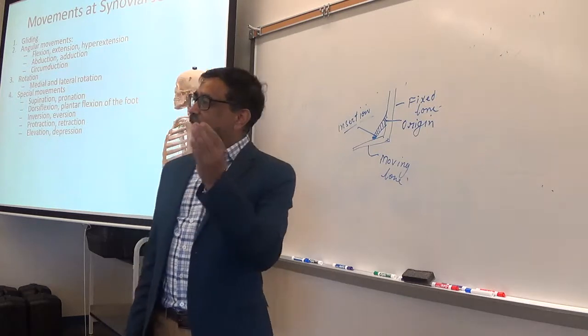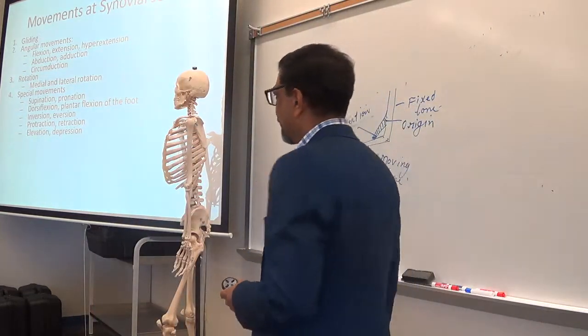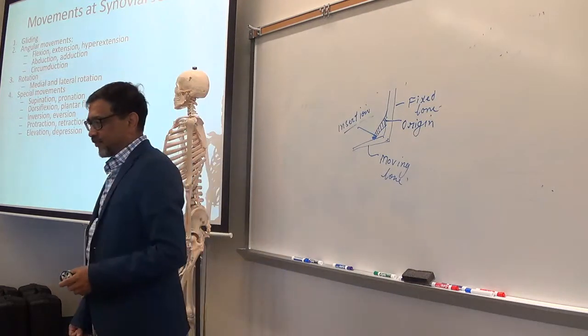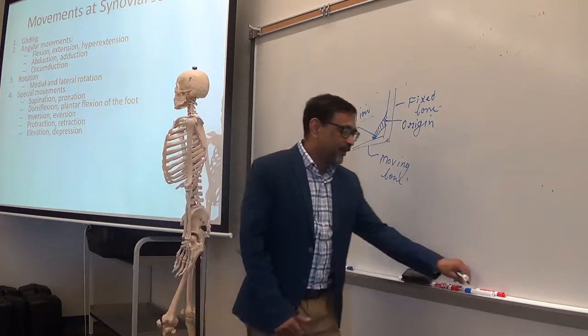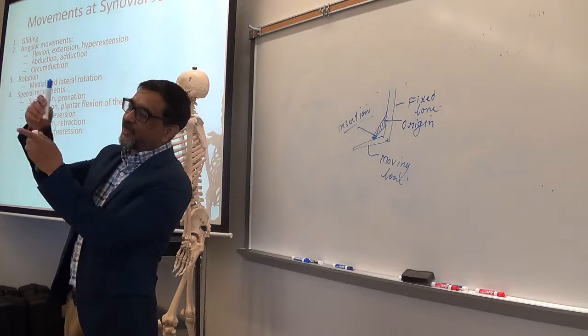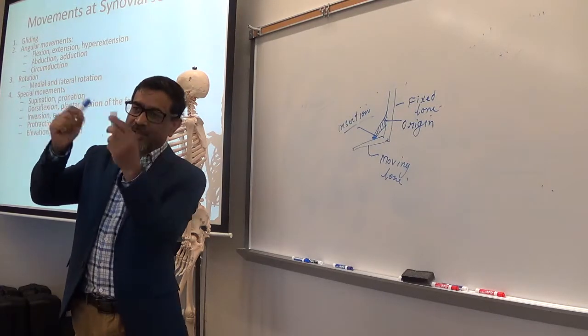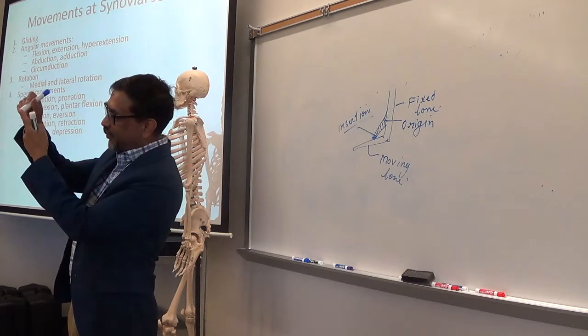Now we'll talk about different types of movements in synovial joints. Gliding. If you see the two bones and both have flat surfaces, like this is one bone, this surface is what? Flat. This is another bone, this surface is flat. Make sense?